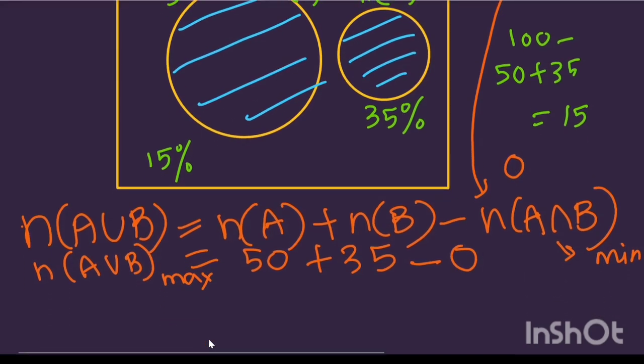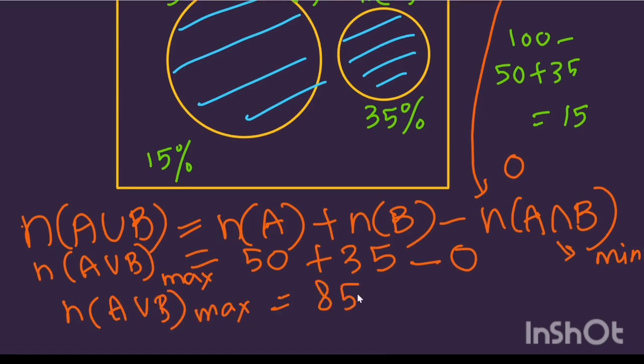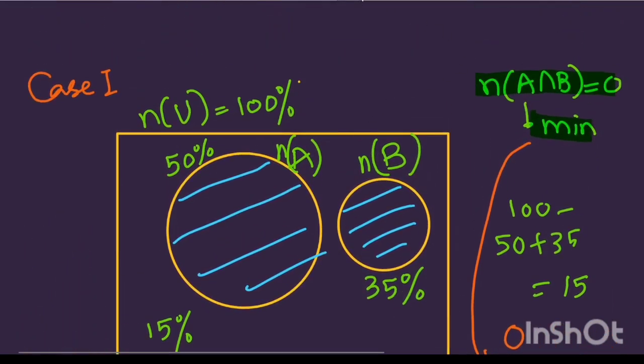So in this case, Na union B, the max value, would be 85%. So when A union B is max, A intersection B is minimum, in this case and in every case. So Na union B max is 85 and A intersection B minimum is 0, guys. So this is case one.